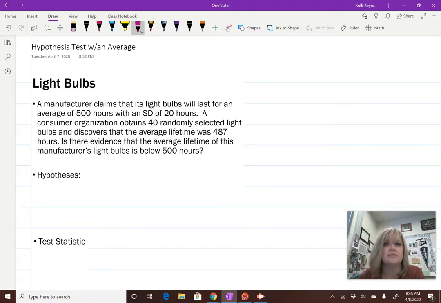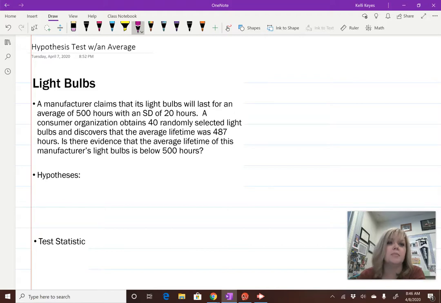You claim something and then you test that claim. You do a random sample and look at how likely that sample is to occur. Based on the probability of that sample occurring, you get evidence to either reject the claim or fail to reject the claim.